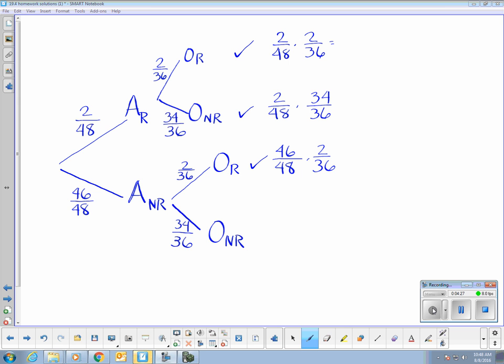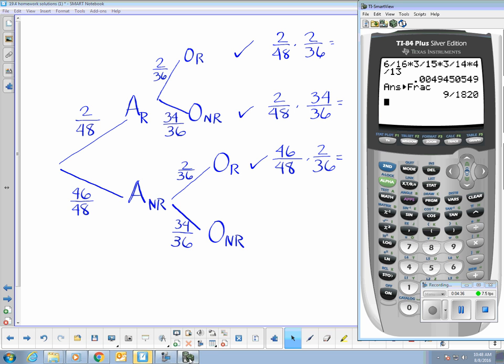All right, so we're going to go down and we're going to multiply each of these. And we're going to add those individual probabilities together. So let's start by multiplying them first. We'll get a product and then we'll put that in.